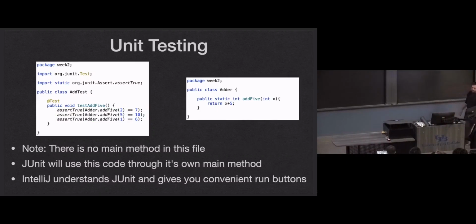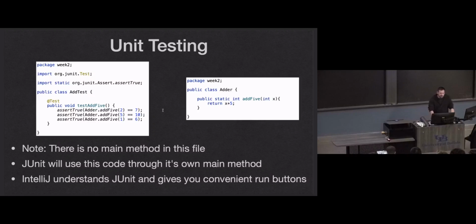And the observers might say, hey, where's your main method? I don't have any main method in this class. The way JUnit and IntelliJ are set up, JUnit has a testRunner. It has a main method. And when that class is run, you can run that with a test class, and it'll run your tests in that test class. IntelliJ makes this really convenient.